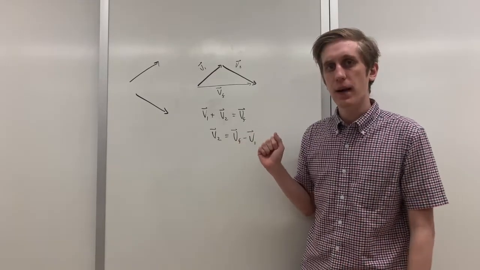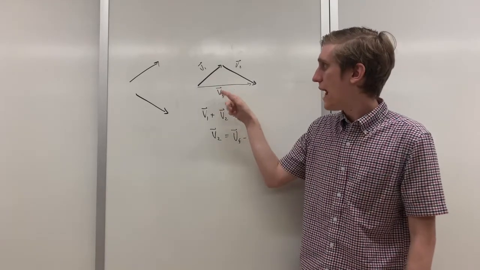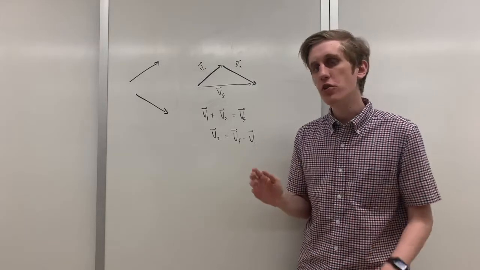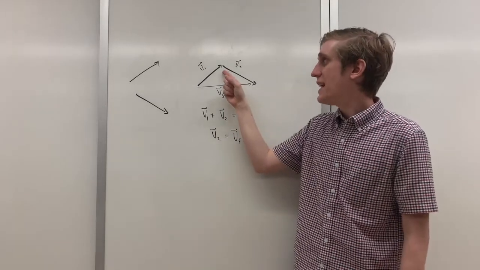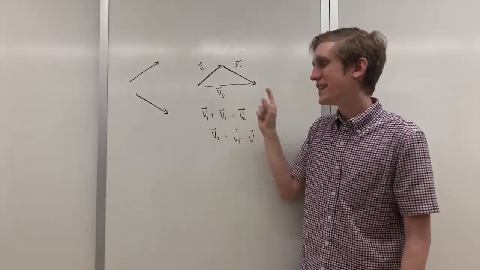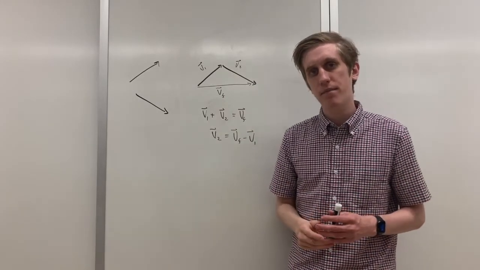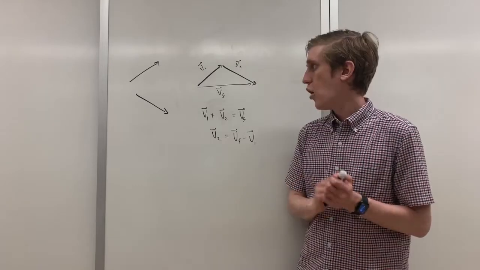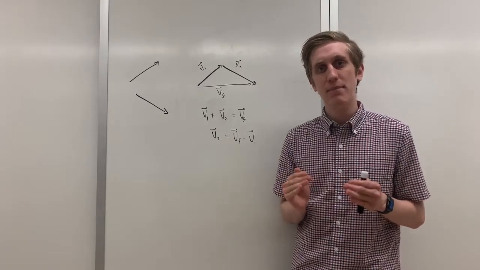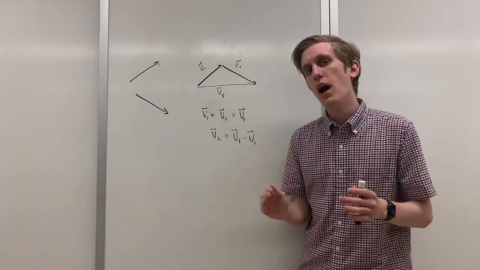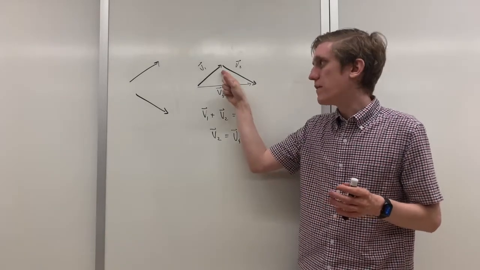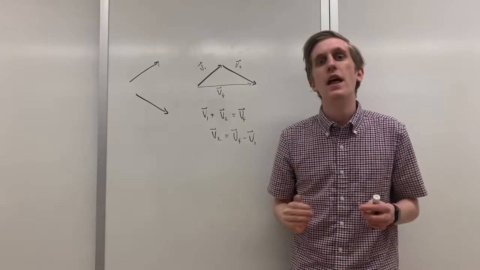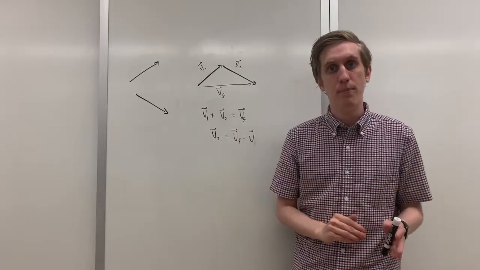Looking at this diagram, I see that v1 and v final are connected at their tails, and v2 is being drawn from the tip of v1 to the tip of v final. This is how we subtract vectors graphically. We place their tails in the same place, and then draw a vector from the tip of the vector we're subtracting to the tip of the vector that we're subtracting from.